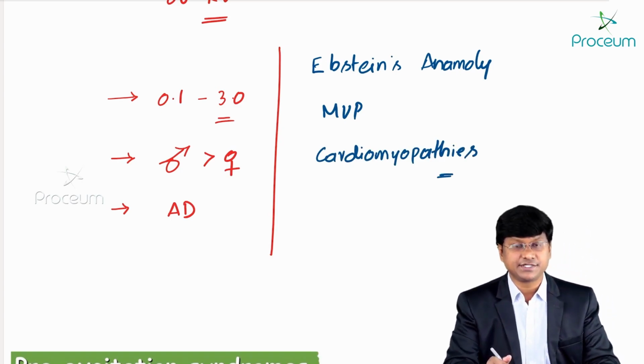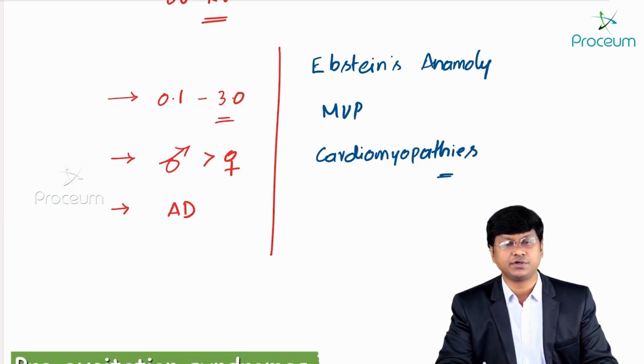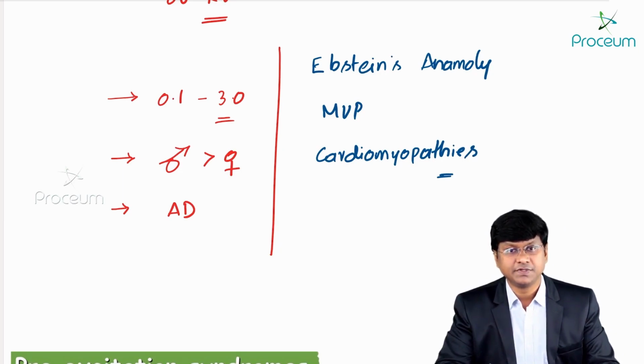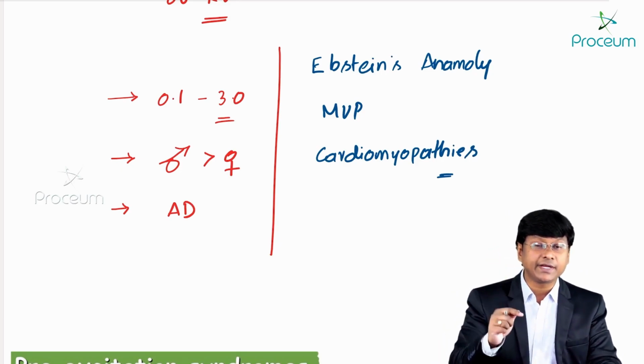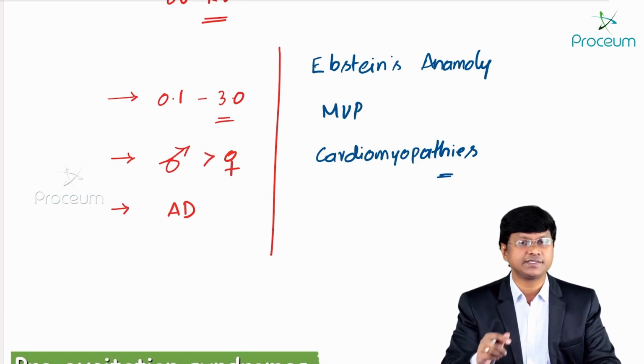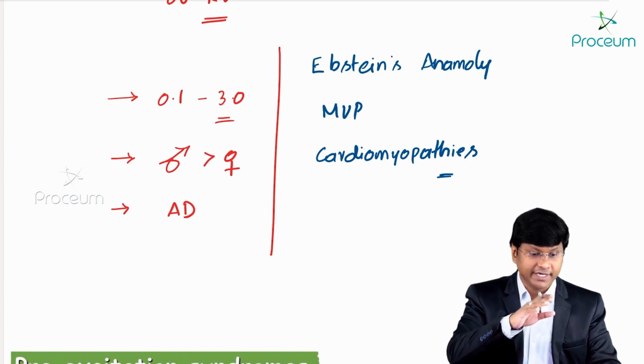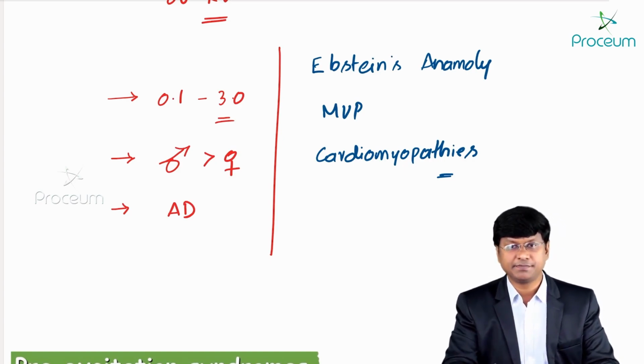So these are the conditions where you have the association of the WPW syndrome. Okay. So in WPW syndrome, what do you have? You have an ectopic AV conducting system. There is presence of an ectopic AV conduction pathway.